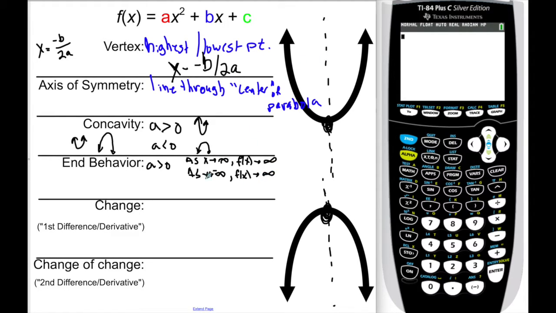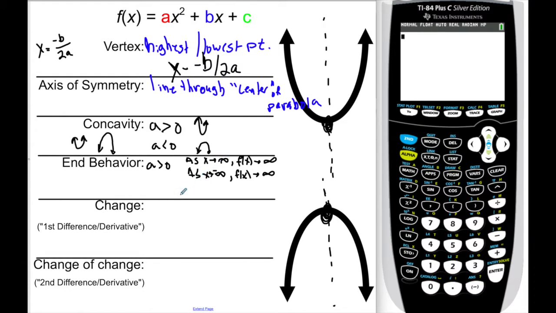It's saying as x gets really, really positive, f of x gets really, really positive. And when x gets really, really negative, f of x gets really, really positive as well. As we go negative, we're going up.